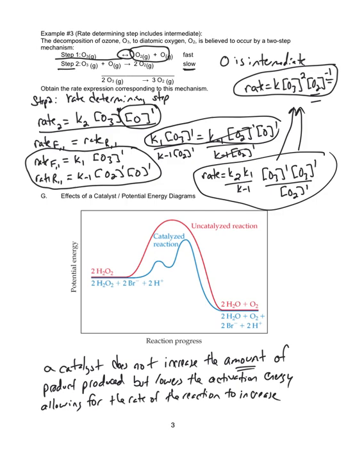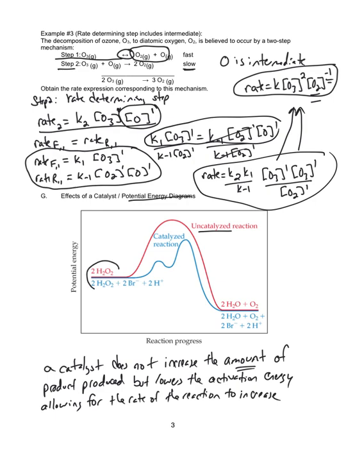Okay? All right, a couple other things I just want to review real quickly to finish off this lecture in this unit. We talked about these in the last one, but they're so important I want to review them one more time. Here again is a potential energy diagram, and the red line is the uncatalyzed reaction. If we add a catalyst, first of all, a lot of times they'll ask you in the national exam to sketch what would happen if a catalyst was added.